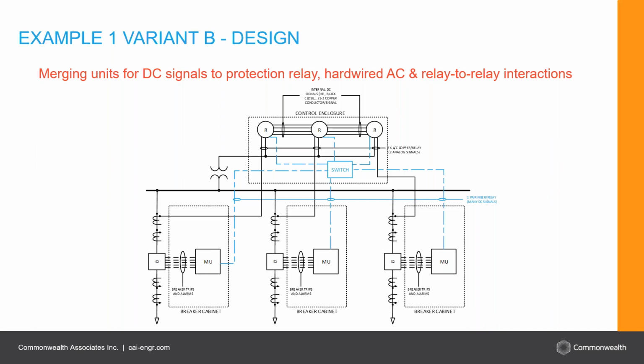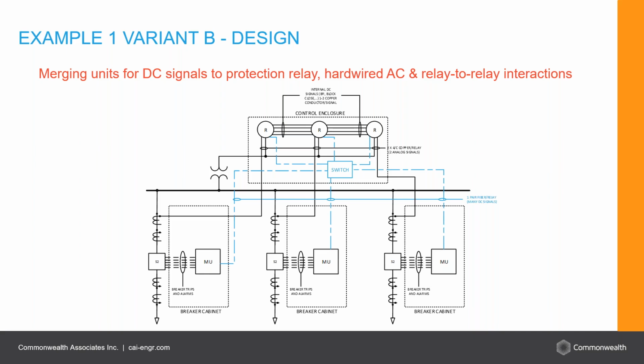This is the difference in system architecture for what that would look like. In this type of example, the relays could be pulling information from any merging unit, whereas in the previous example, just the relay connected to the merging unit would be receiving the signal, whether that's a breaker status or a trip coil monitor, what have you. Those would be shared in this example.